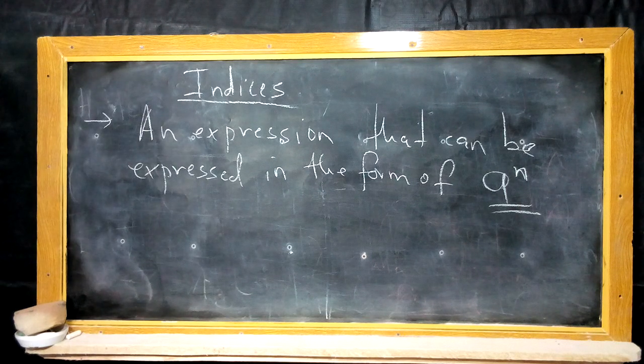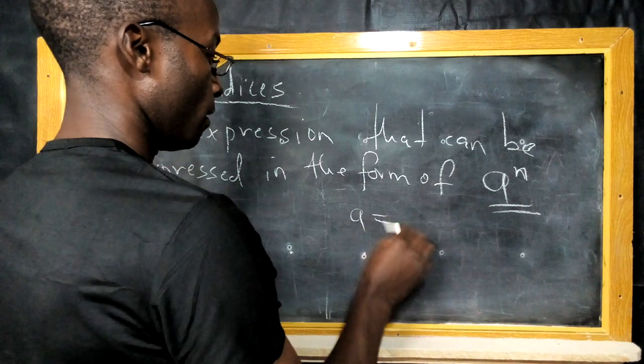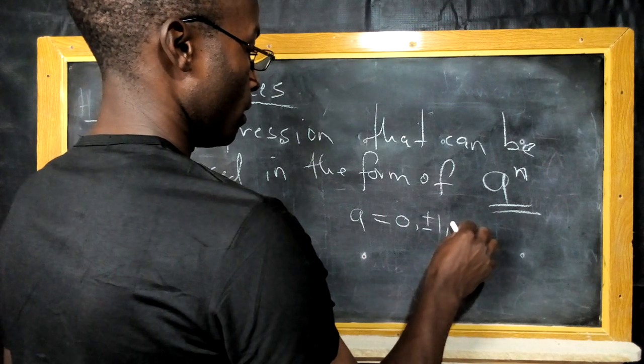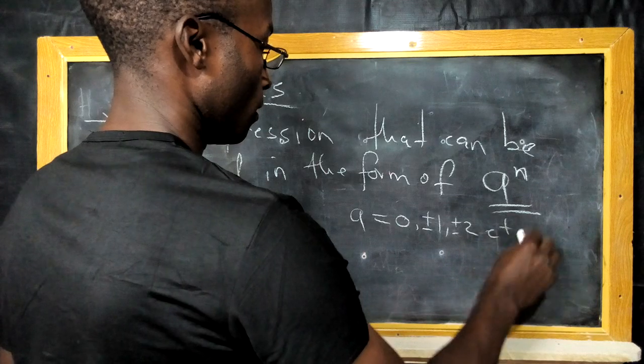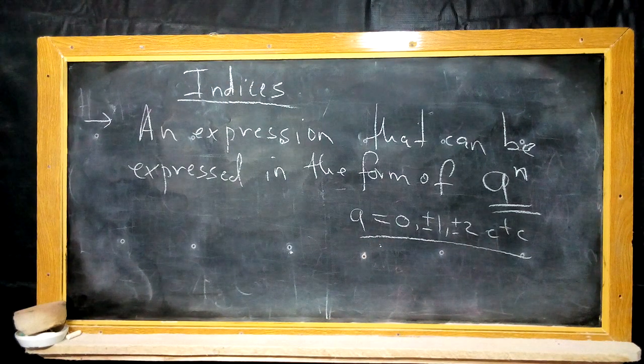In this case, n can be a number, maybe positive or negative, of course, plus or minus 1, plus or minus 2, etc. So the number n refers to a power. Power means that the number a has been raised to a particular power in that case. And it can as well be referred to as an index or an exponent of a.